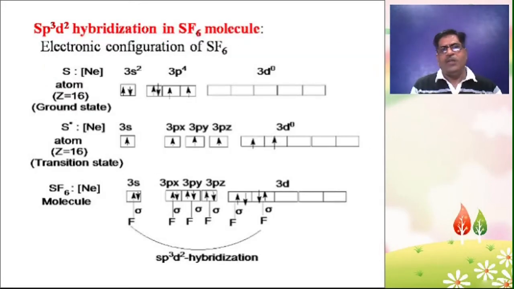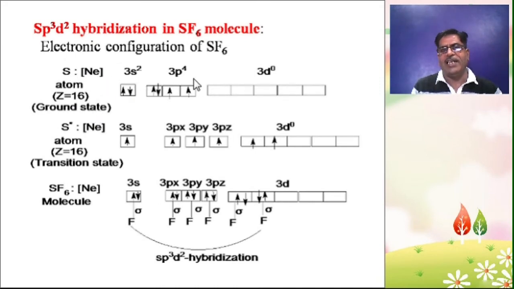So now let's discuss hybridization in the SF6 molecule. Here is the electronic configuration of SF6. The central atom is the sulfur atom, so consider the central atom's electronic configuration. Sulfur has Z equal to 16 in the ground state.